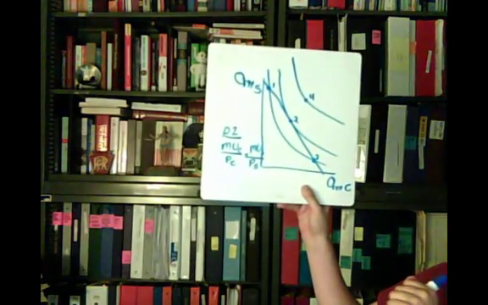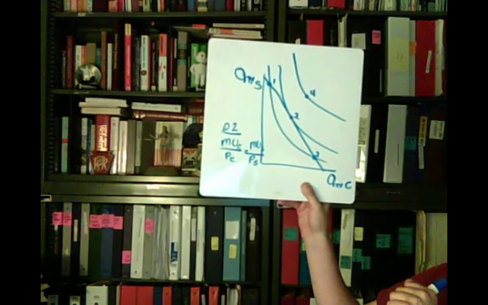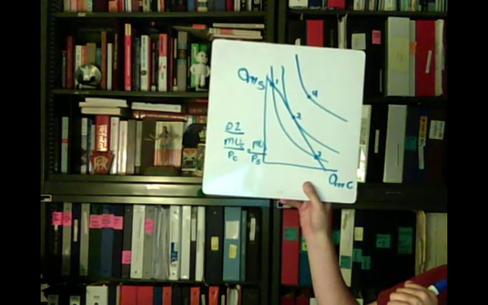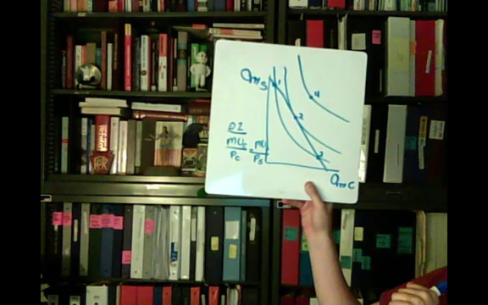What we're going to see here is that at point 2, the ratio of the marginal utility to the price is equal for each product.